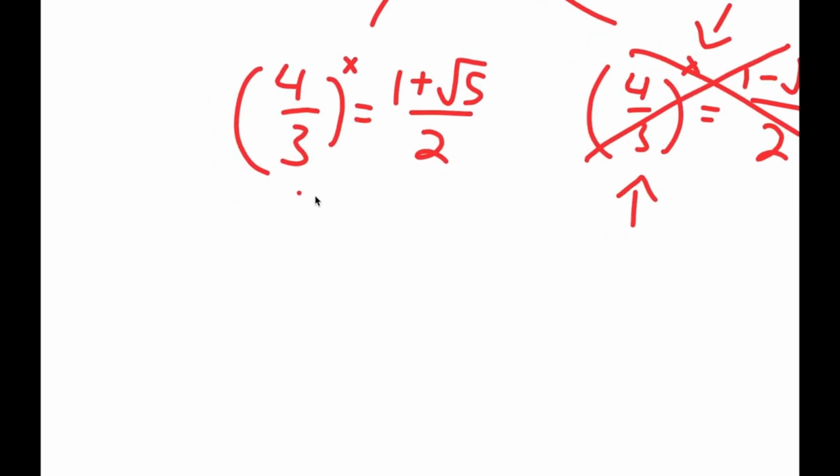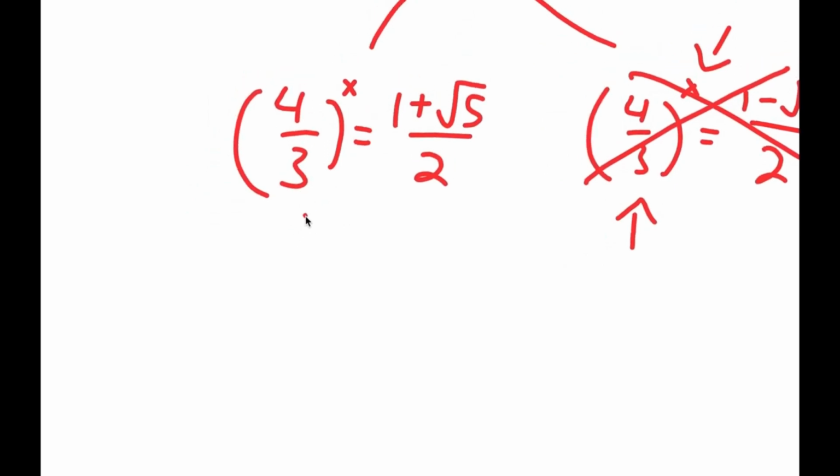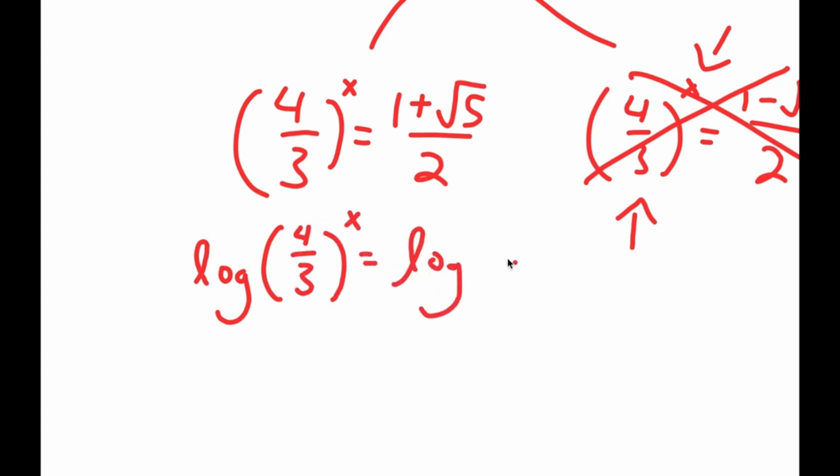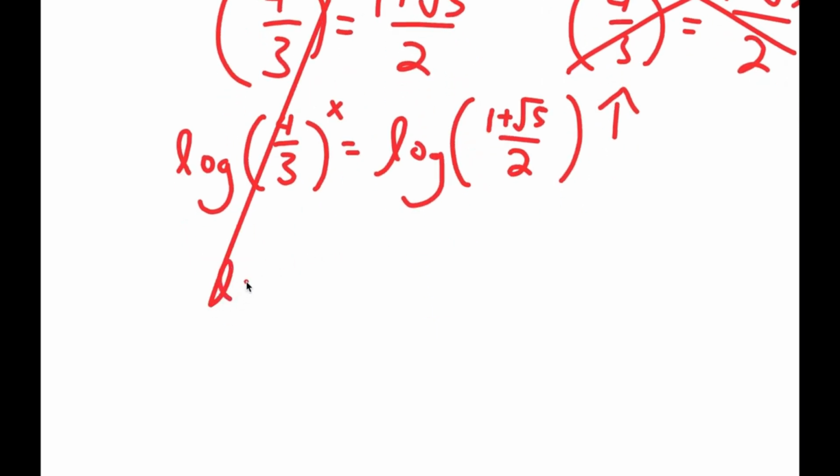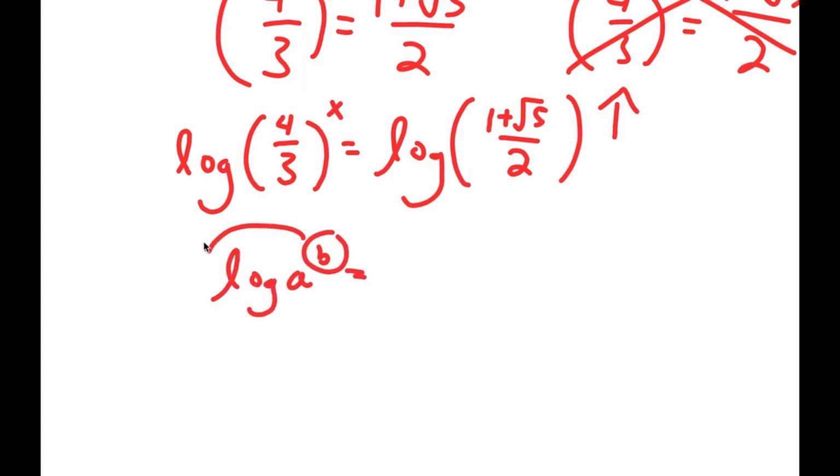So, to solve this equation, what I'm going to do is start by taking the log on both sides. So I get log 4 over 3 to the power of x is equal to log 1 plus the square root of 5 over 2. Now, if I have something in the form log a to the power of b, I can move this exponent b to the front, so it's going to equal b times log a.